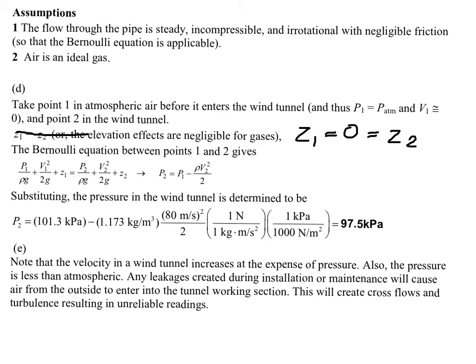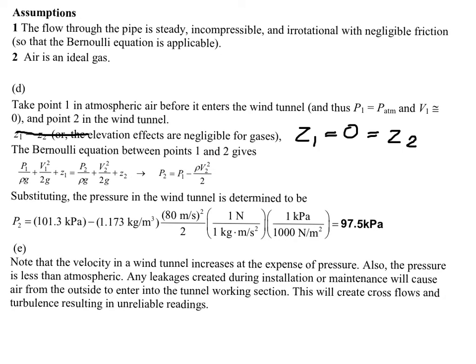Now, substituting the appropriate values, because if you notice, we know V1 is practically equal to 0, P1 is atmospheric, and Z1 and Z2 disappear, so we can now get P2 equals P1 minus rho V2 squared over 2.